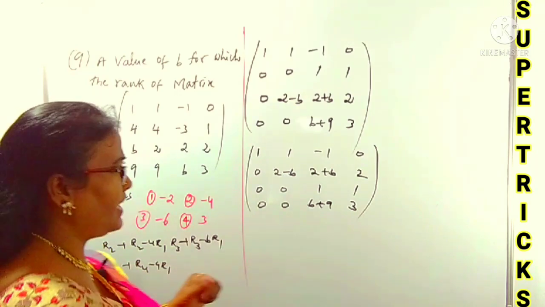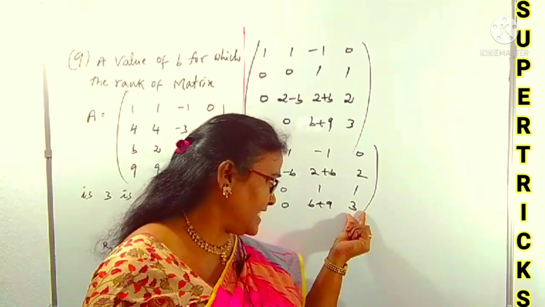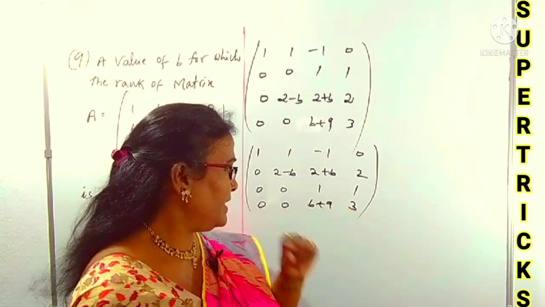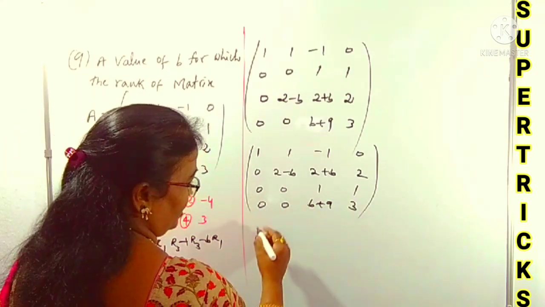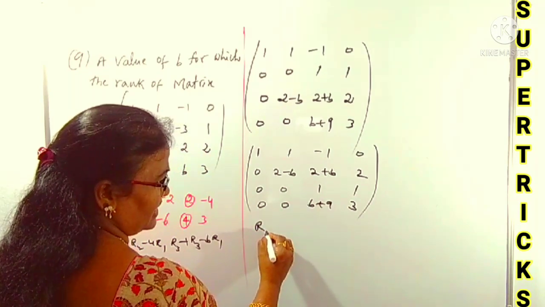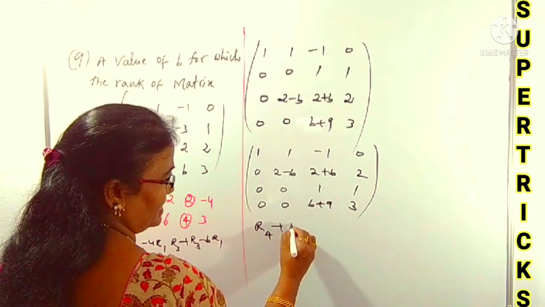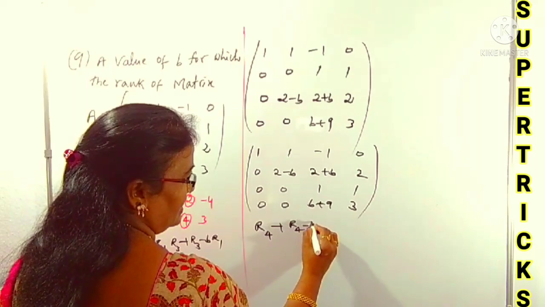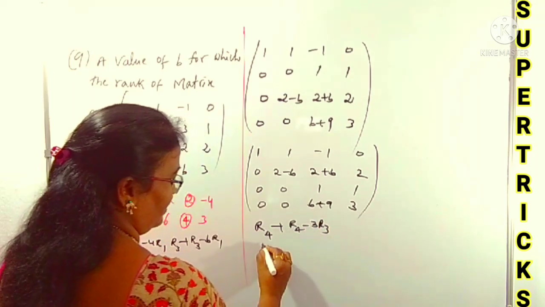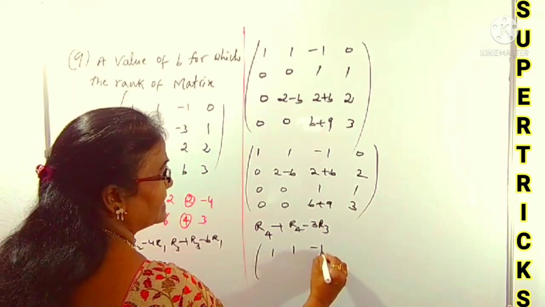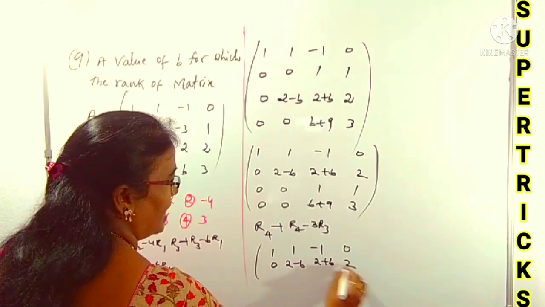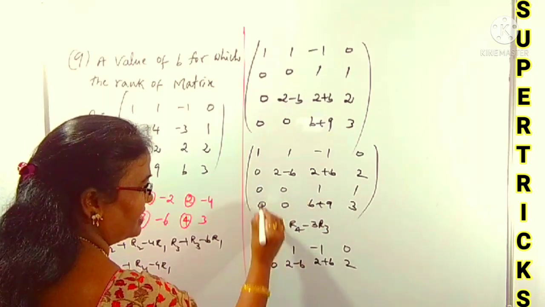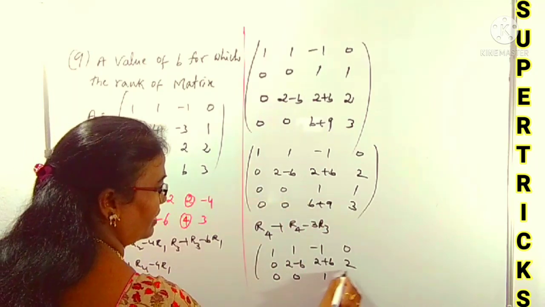Now we can consider the last row, such that this element becomes 0. We can use these two only: 3 minus 3 is 0. I am using the elementary transformation R4 replaced by R4 minus 3R3. Now it becomes 1, 1, minus 1, 0; 0, 2 minus b, 2 plus b, 2; and this doesn't affect 0, 0, 1, 1.